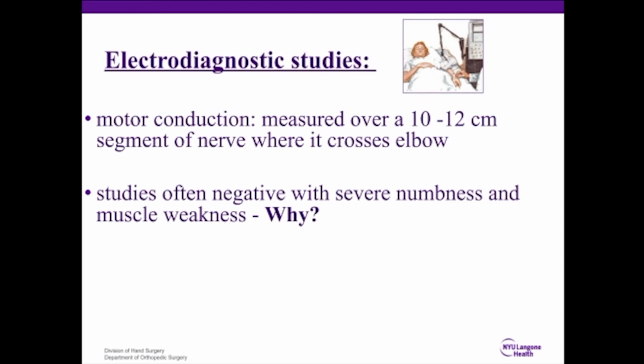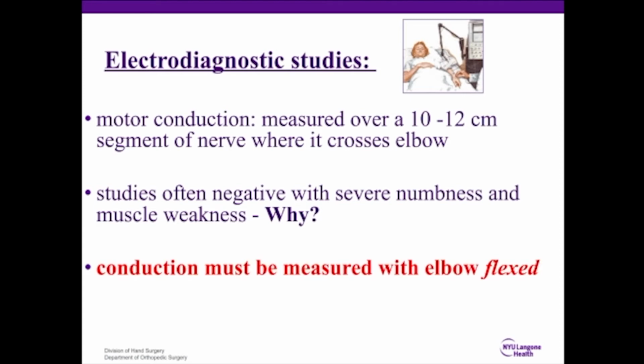Steve Green did a lovely discussion about electrodiagnostic studies, and we've all seen cases of clinical evidence of ulnar nerve compression at the elbow. The patient had all the signs and symptoms, and yet the electrodiagnostic studies were negative. And why is that? One reason is that when measuring conduction studies of the ulnar nerve at the elbow, the elbow has to be in a flexed position.